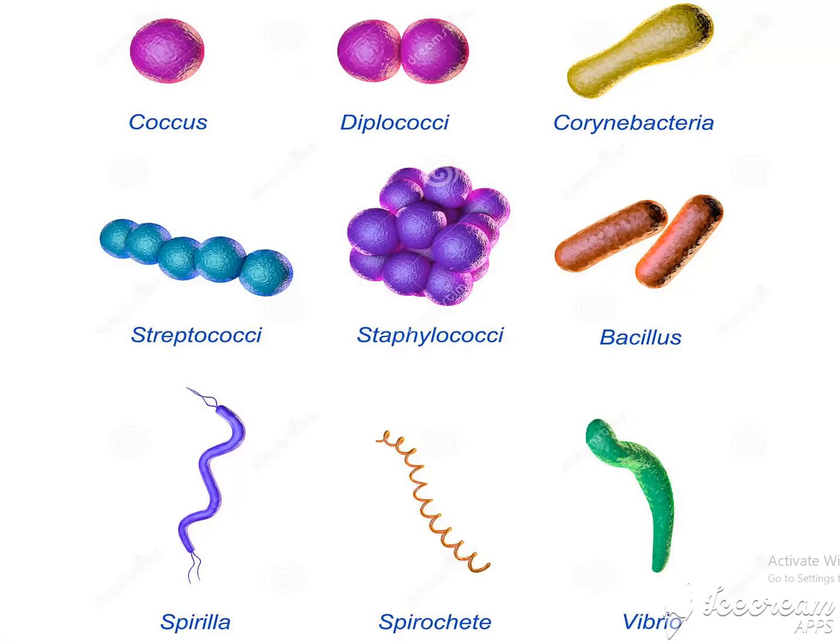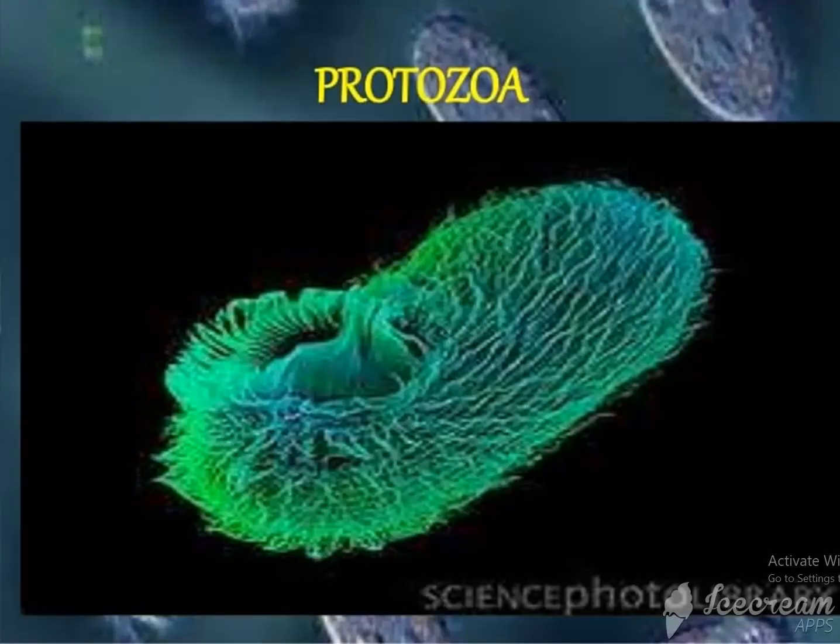Some are round shaped or spherical shaped, coccus. Some are rod shaped, bacillus. Some bacteria are spiral shaped, spirilla, and some are comma-shaped, vibrio.